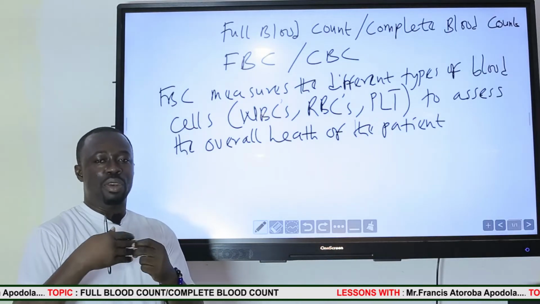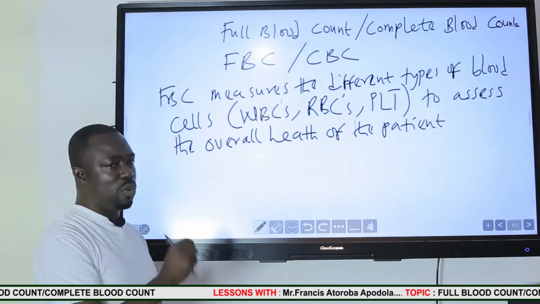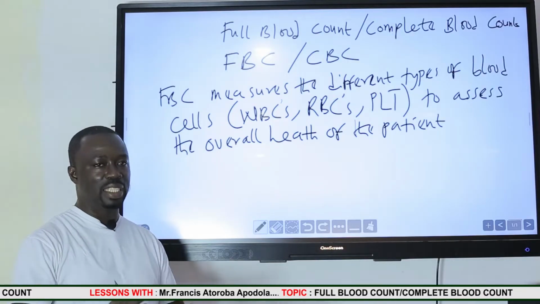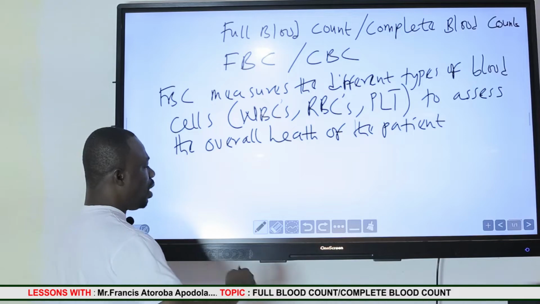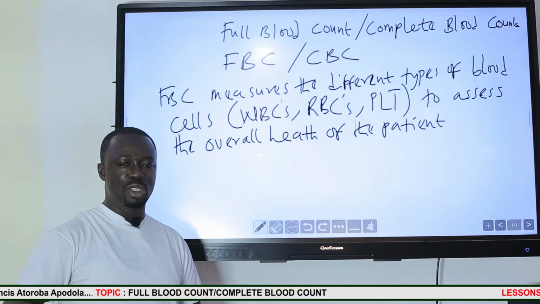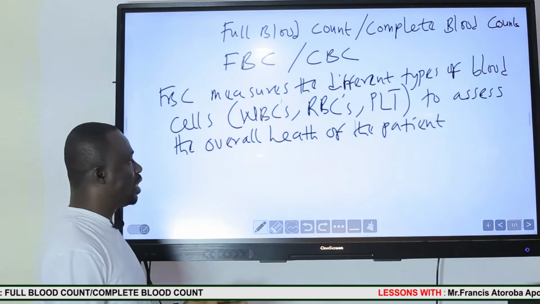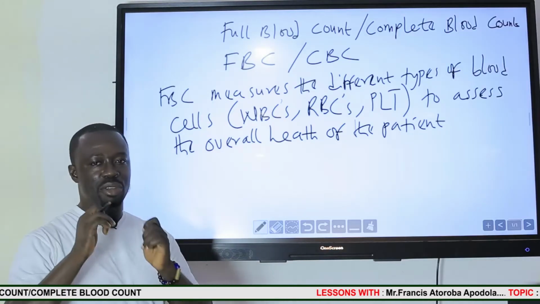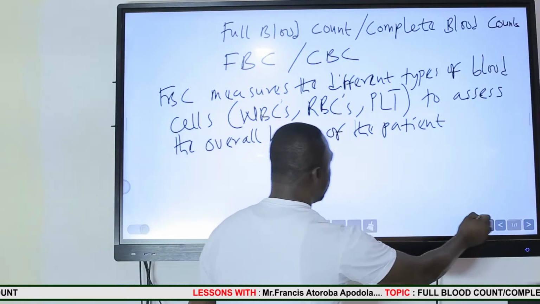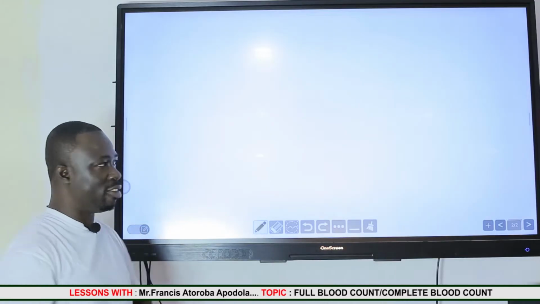So now let's quickly look at the individual components that are measured in a typical full blood count test, and establish some terminologies that are applied when it comes to the interpretation of the full blood count test. We shall begin with the blood cells and the various terminologies applied in the interpretation of the full blood count with respect to their low levels and their high levels.